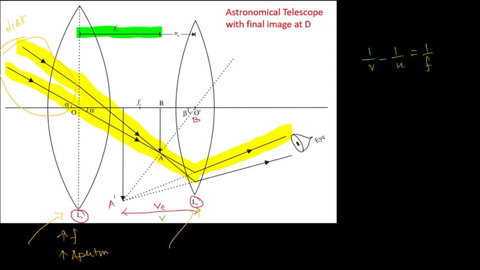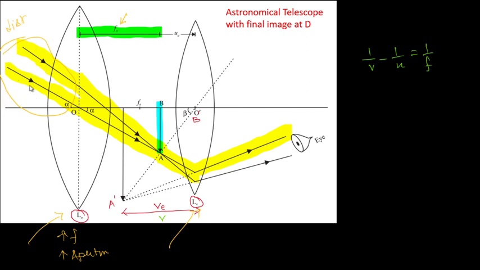This is the position of the image. So OB is what? That is FO. And the image also falls here at the focal point because it is from a distant object.